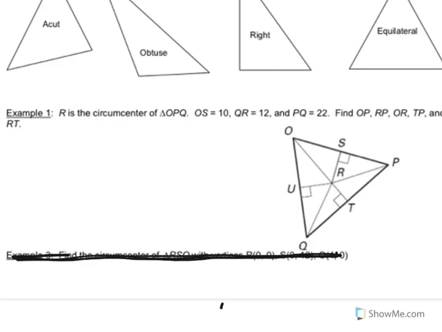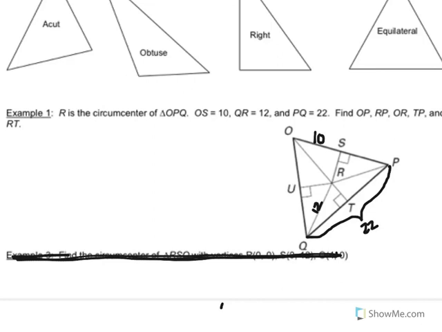Okay, so let's mark what we know. OS is 10, so we'll put our 10 here. QR, which is this line segment right here, is 12. And PQ is 22, so all of this is 22.